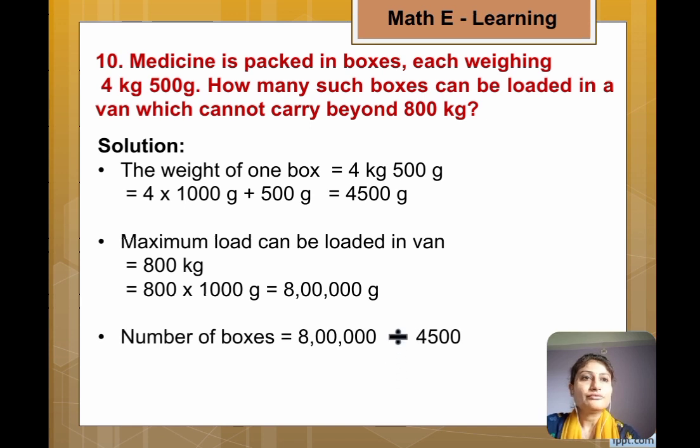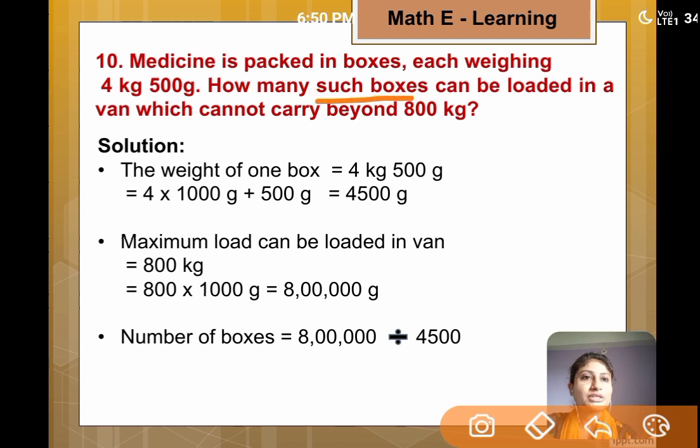Now we need to find the number of boxes. For that we do division of the capacity of the van by the weight of one box.